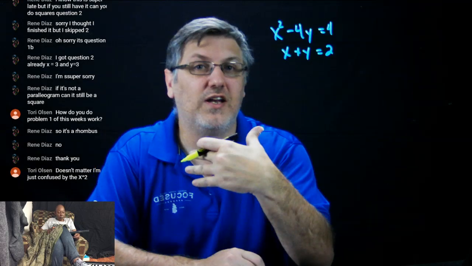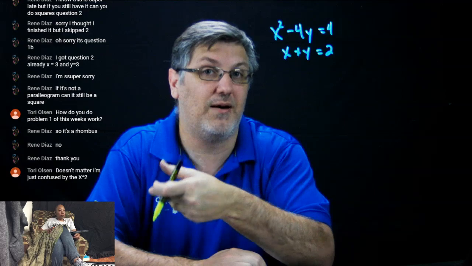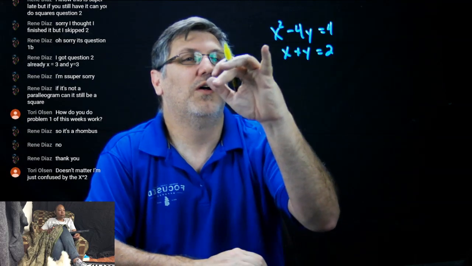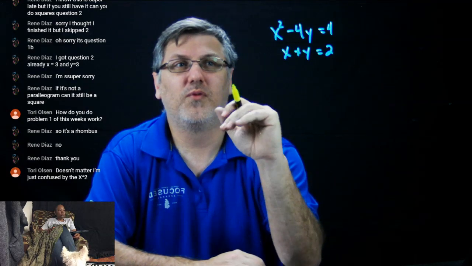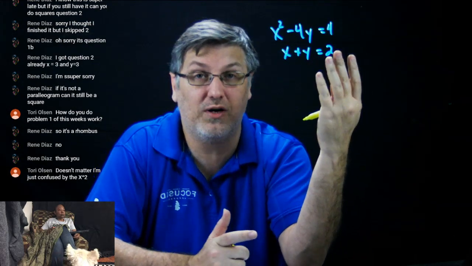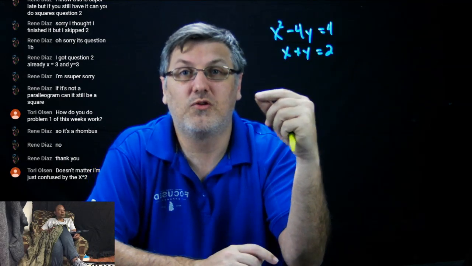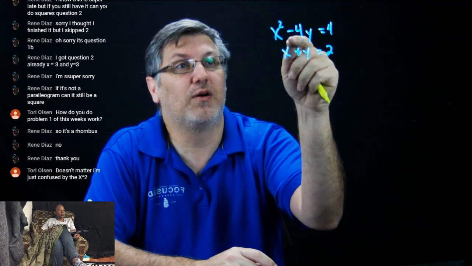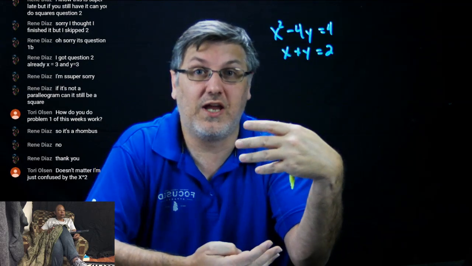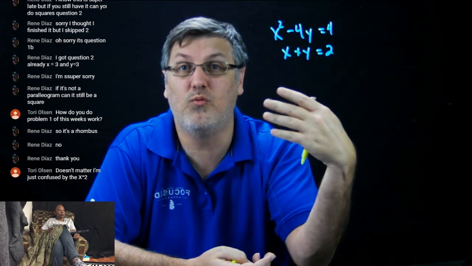What that means is I need to get the coefficient of one of the variables the same number, but opposite sign. So I look here, I have an x squared with the coefficient of 1. I look at my bottom equation, I don't have an x squared, so I can't do the x squared. I have an x with a coefficient of 1, but I look at my top equation, there's no x, so I can't use x. My only option for elimination on this is y, because they both have a y.